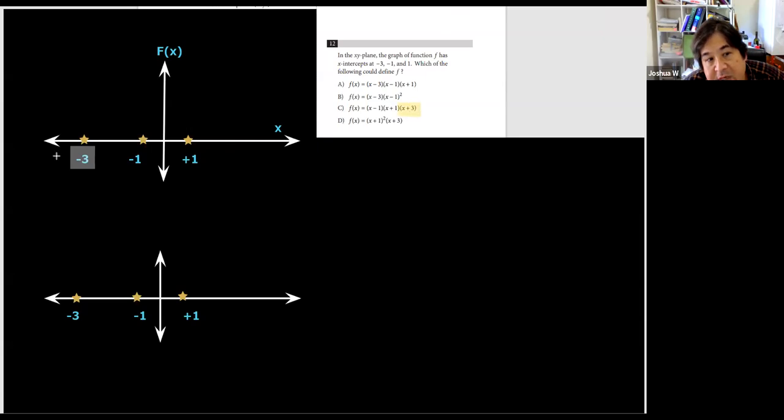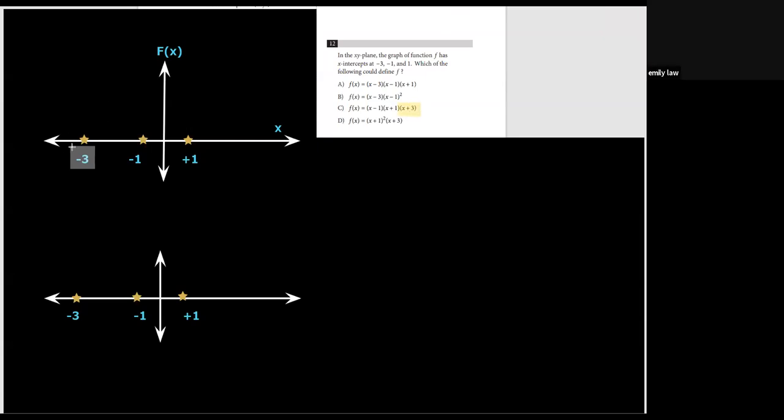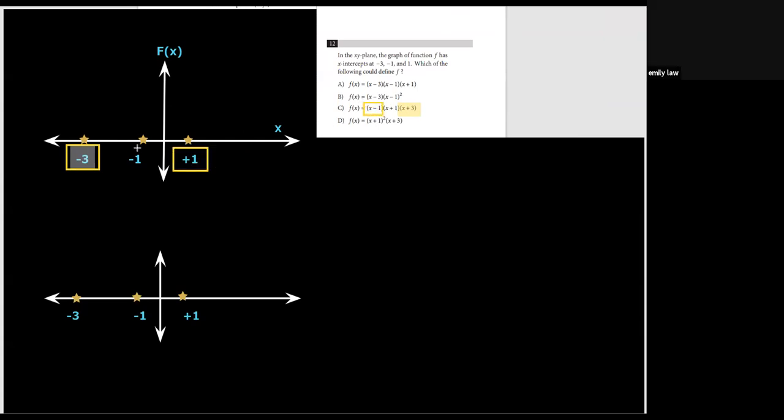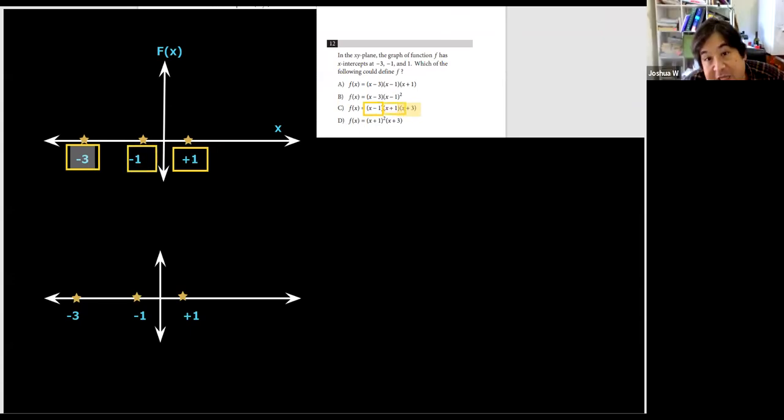I'm highlighting in yellow, that -3, when you do the product, will be some number times 0. And like she said, if you plug in 1, then this factor will be 0. If you plug in -1, and she said that it's choice C, that's exactly correct.